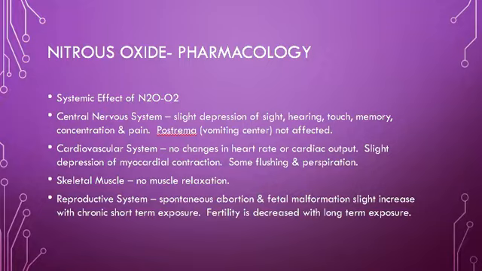Skeletal muscle, there's no real direct muscle relaxation. And the reproductive system, as we talked about before for female patients, during the first trimester, there has been evidence of some spontaneous abortion and fetal malformations, and fertility is decreased for men with long-term exposure.